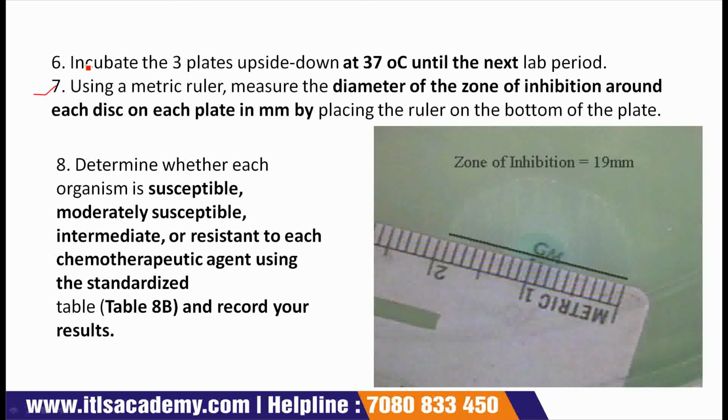Next point, using a metric ruler, measure the diameter of the zone of inhibition around each disc on each plate in millimeters by placing the ruler on the bottom of the plate.